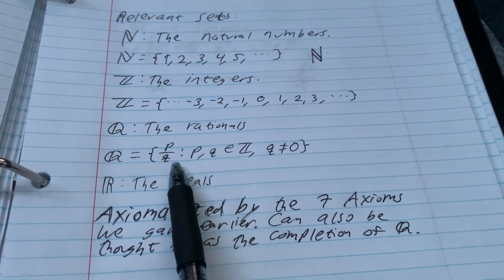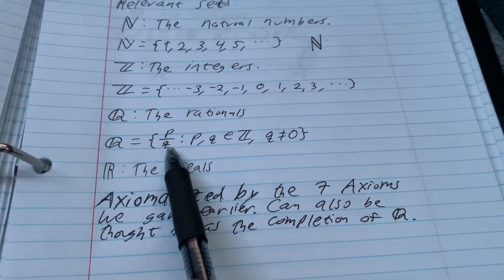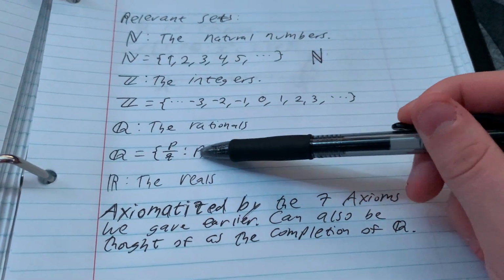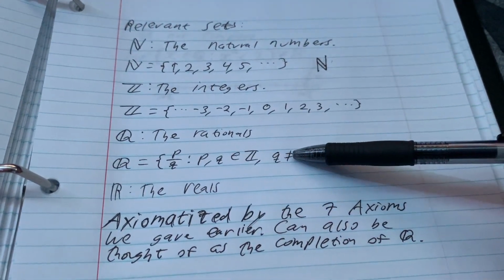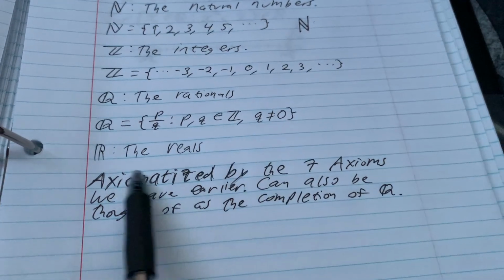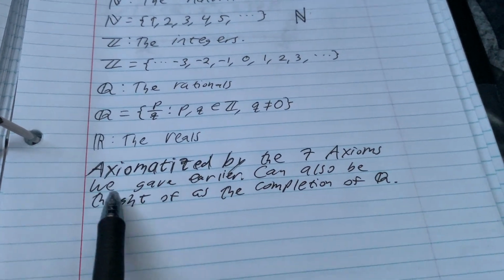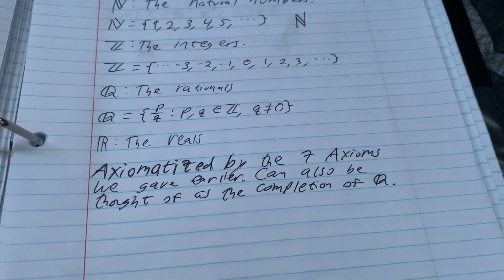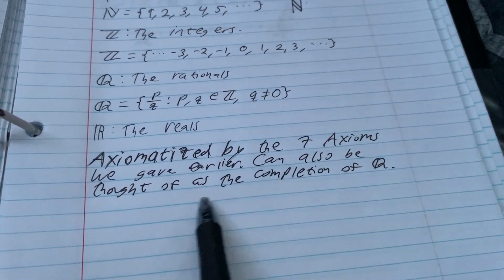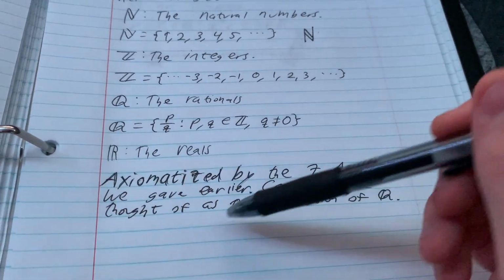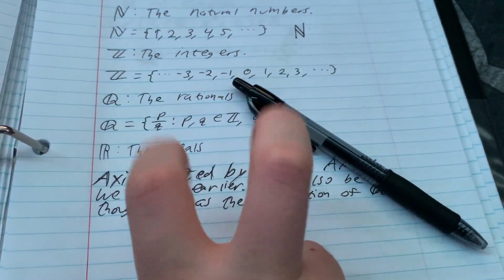We have the rationals: every number p divided by q such that p and q are integers and q is not 0. And then we have blackboard R, the reals, which are axiomatized by those 7 axioms we just gave. It can also be thought of as the completion of Q. So Q has a bunch of holes.